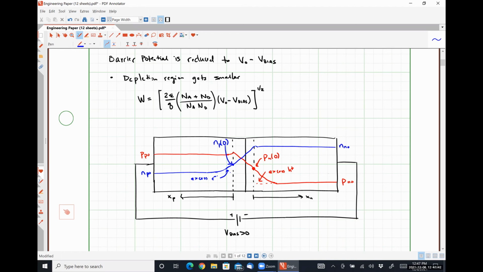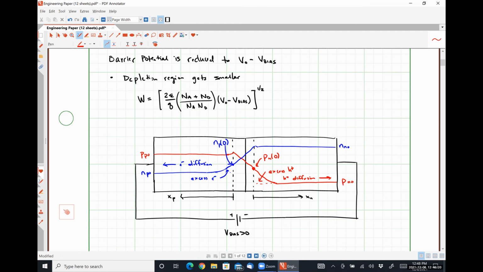And so we should observe that we have some electron diffusion to the left and some hole diffusion to the right.